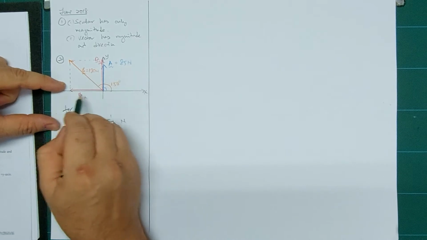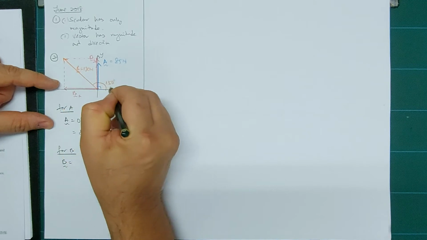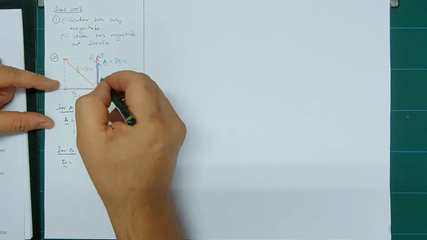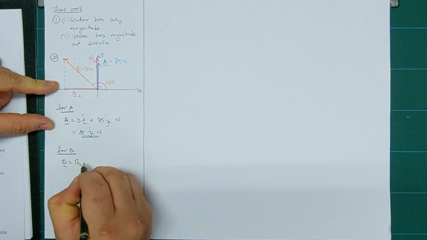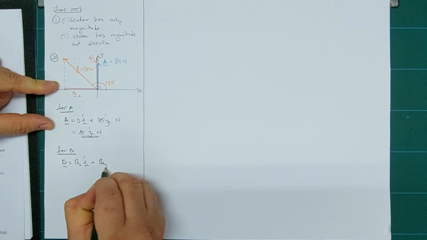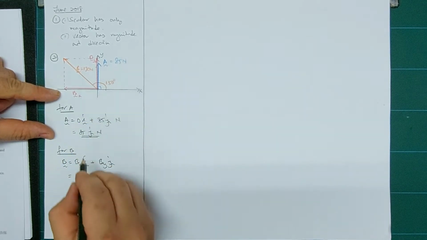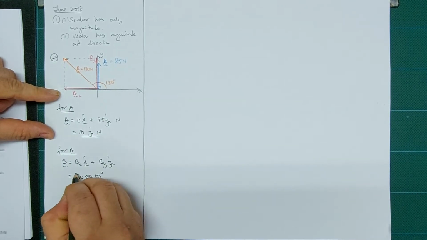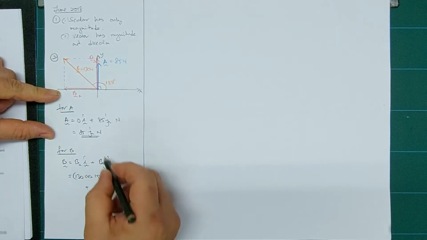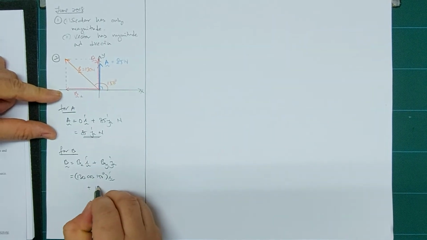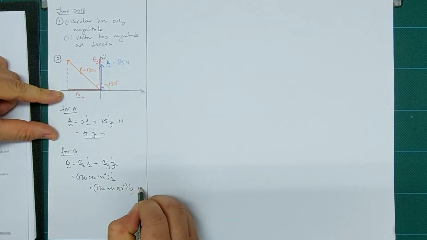Our horizontal component normally refers to the cosine function. So B equals Bx i plus By j. Our Bx is 130 cosine 150 degrees, and this is i, plus our By, the vertical component, which is 130 sine 150, and this is j, all in newtons.